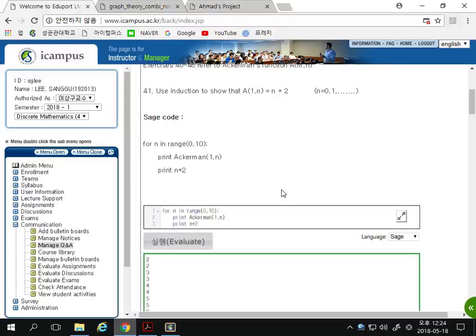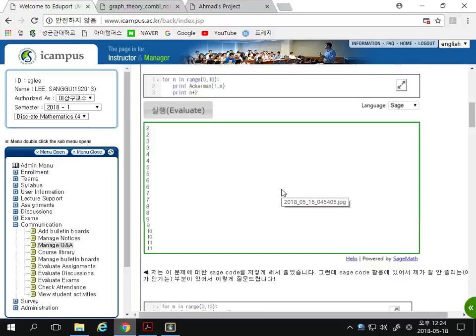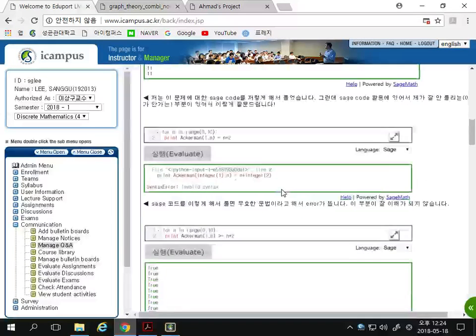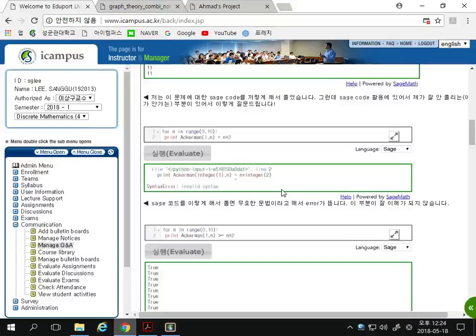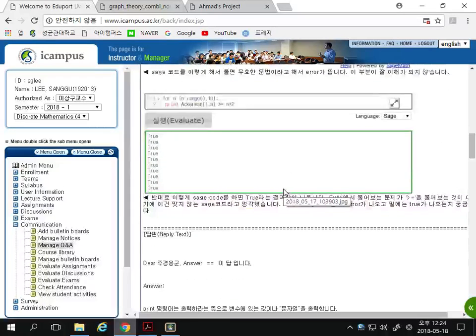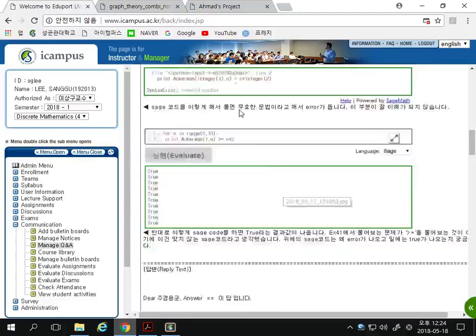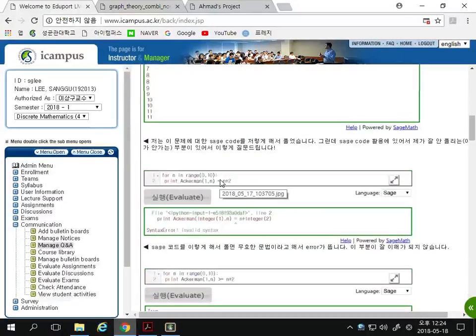Mr. Ju Kyung-yong asked how this code works, and what he misunderstood was that when he added this equal line, that does not mean we define this as that.